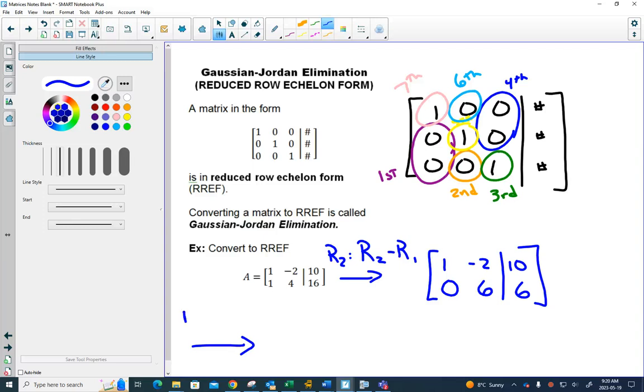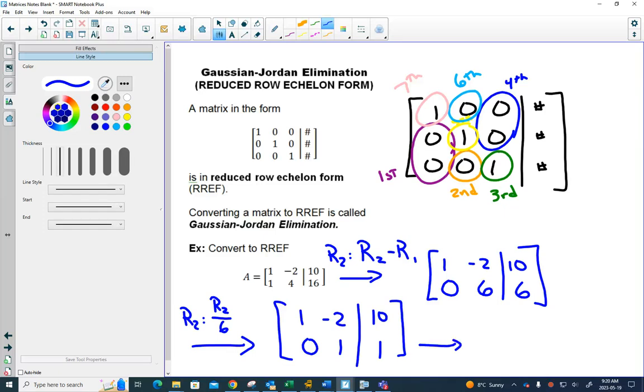So now I can take row 2 and I can change it by dividing by 6. Because I want that to be a 1. Row 1 didn't change. 1, -2, 10. 0, 1, and 1 now when I divide by 6. Now I want to change row 1 because I'm hoping to get this to be a 0.